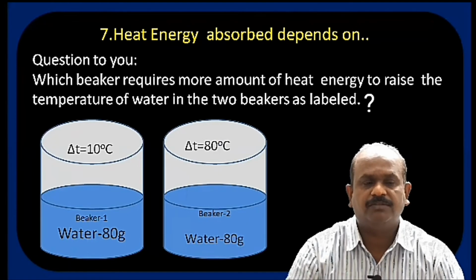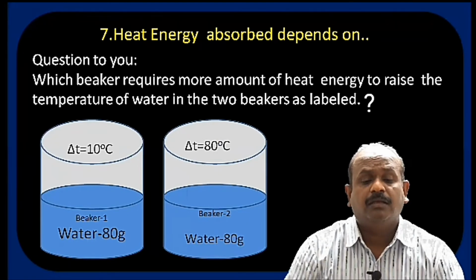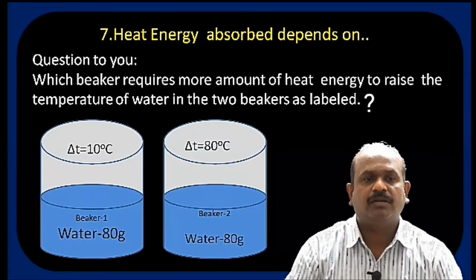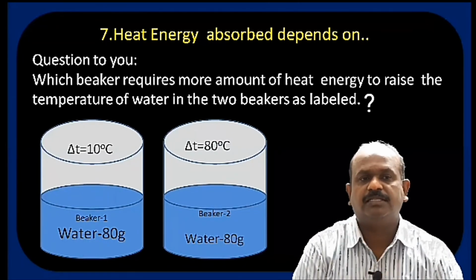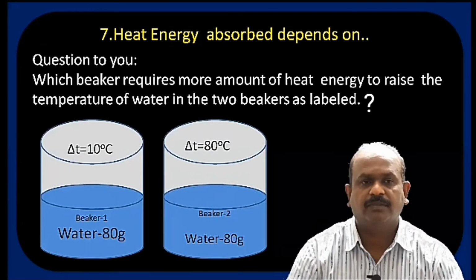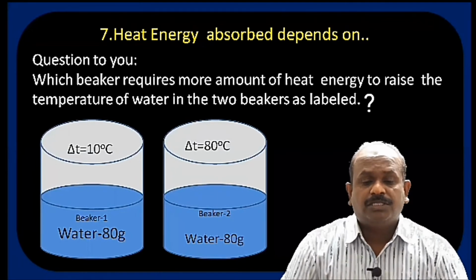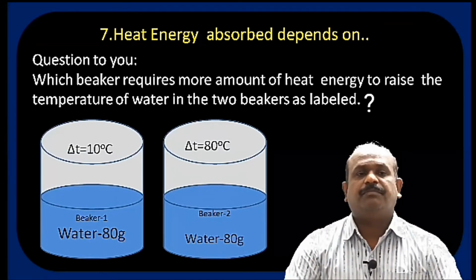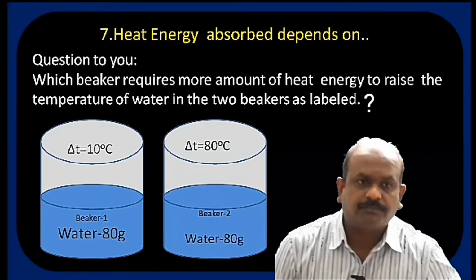In each, 80 grams of water is there. My requirement is that the water in the first beaker should raise its temperature through 10 degrees Celsius. The temperature in the second beaker should rise through 80 degrees Celsius. To achieve this, to which beaker do we need to supply more amount of heat energy? Can you say?